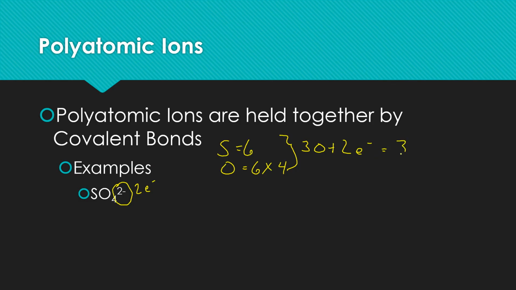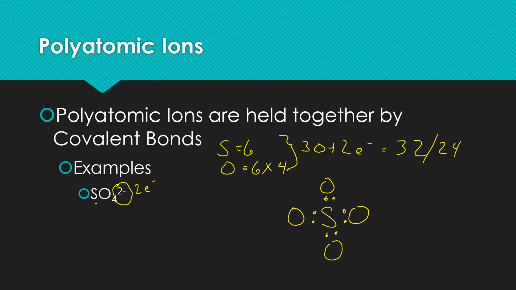I've got 32 electrons to work with. So let's draw it. I got sulfur, oxygen, oxygen, oxygen, oxygen. Let's do my electrons. 1, 2, 3, 4, 5, 6, 7, 8. That took care of the ones that were around. It leaves me at 24.